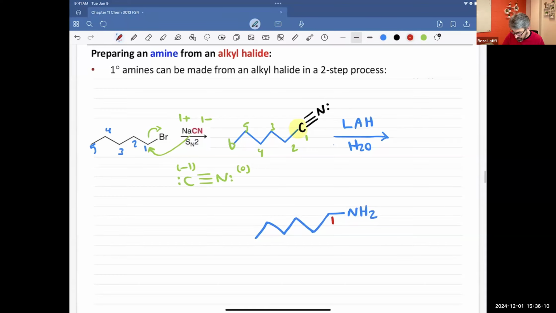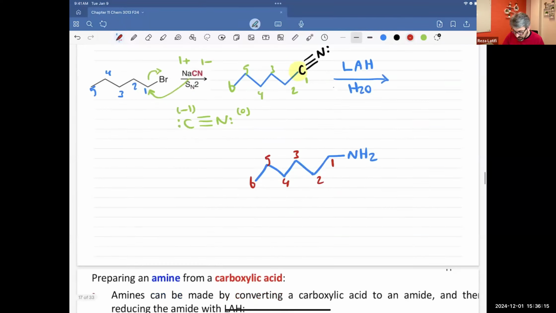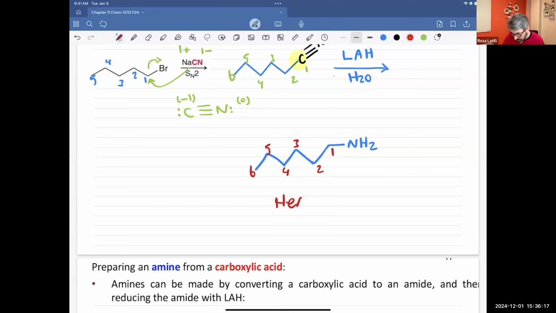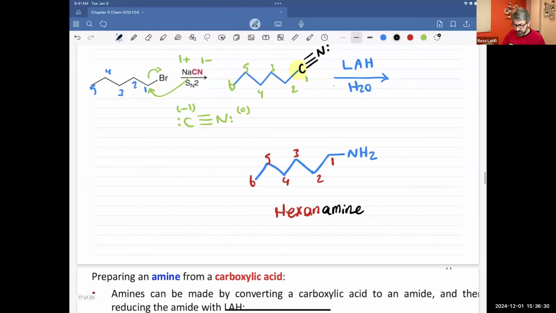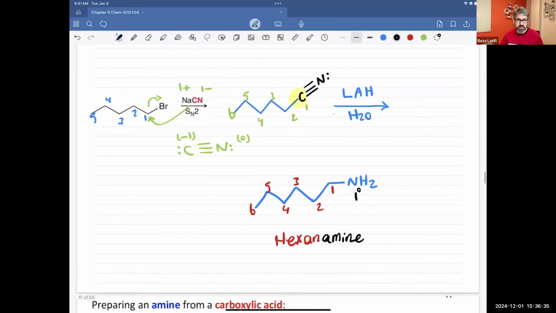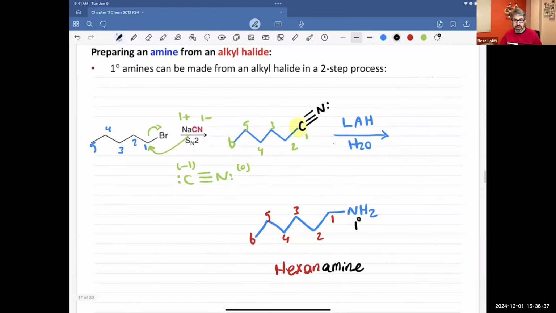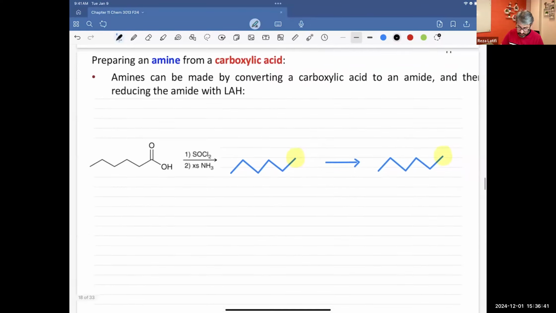This one will be hexane, and I'm going to replace the E with an amine, so it will be hexamine, and that's the product. It's a primary amine, so we can use this technique to produce primary amines, but the reaction is running technically through 2 steps.